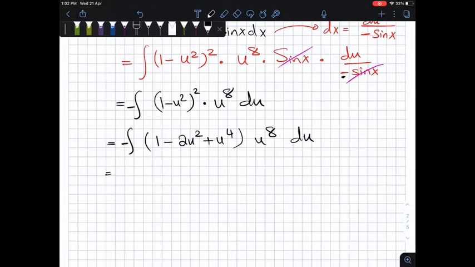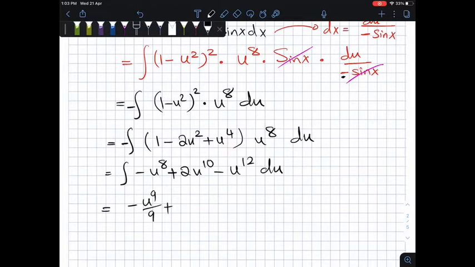Yes, we can use the distributive property, multiplying by the negative: u to the power of 8 plus 2u to the power of 10 minus u to the power of 12 du. Then integrate each one separately by adding 1 to the exponent and dividing by the new exponent. So plus u to the power of 11 over 11 minus u to the power of 13 over 13 plus c.